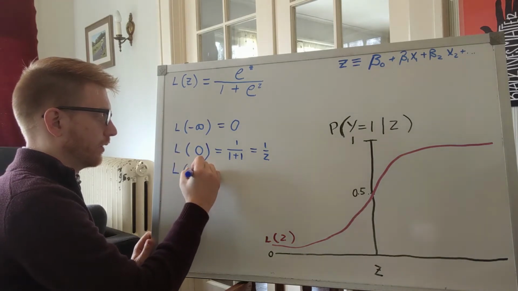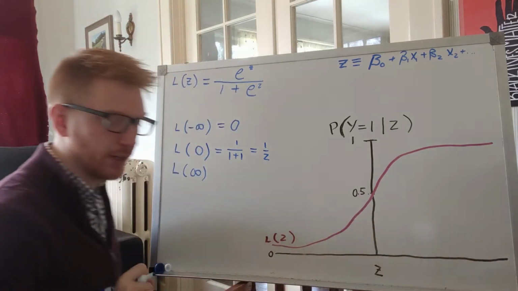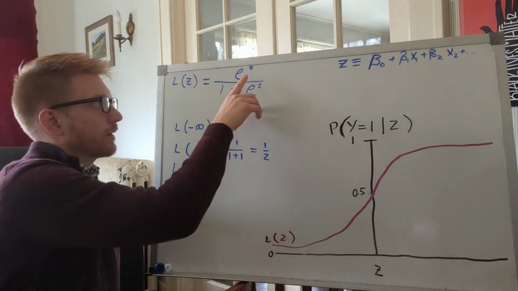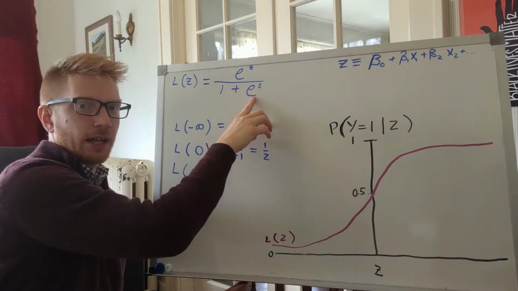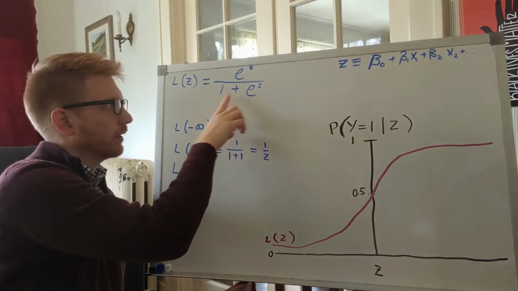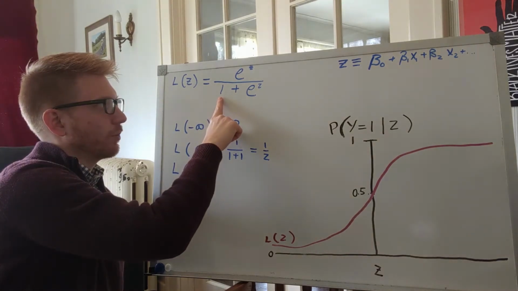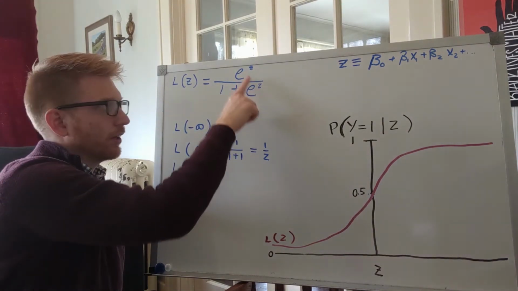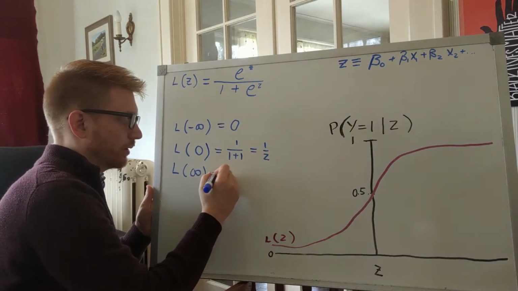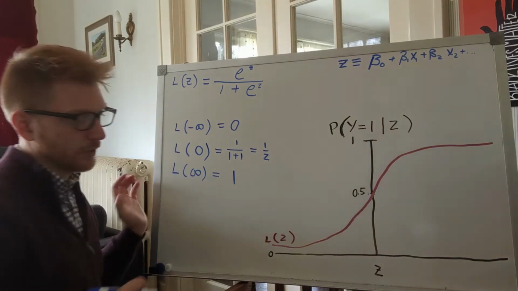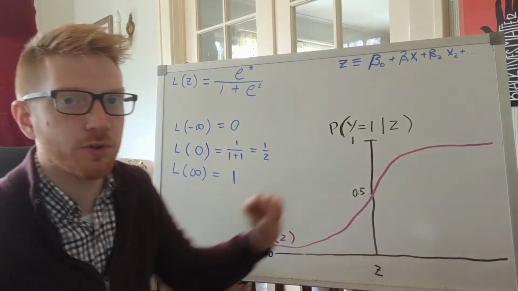Our final value that we'll think about is what happens as z goes off to infinity. This gets super big, infinitely big, as does our denominator. This 1 simply stops mattering. So what we essentially have is two equal things divided by each other, which is 1. So as z approaches positive infinity, our logit function approaches 1.